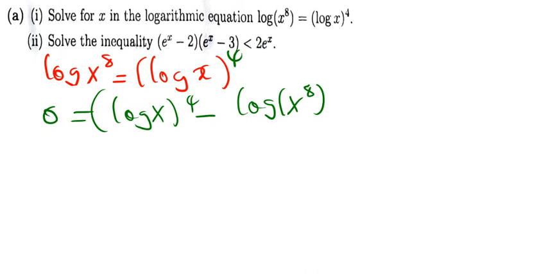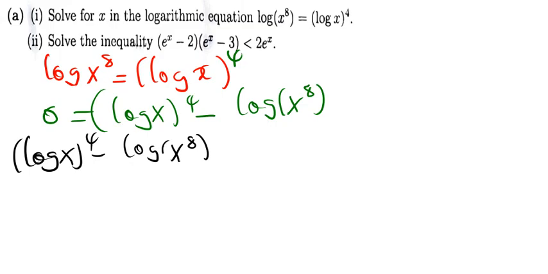This is the same as I can rewrite this and say it is log x raised to the power 4 minus log x to the power 8, like that, is equal to 0. At this point, everything here in the first term is raised to the power 4, and this is just raised to the power 1. So can I factor out log x?